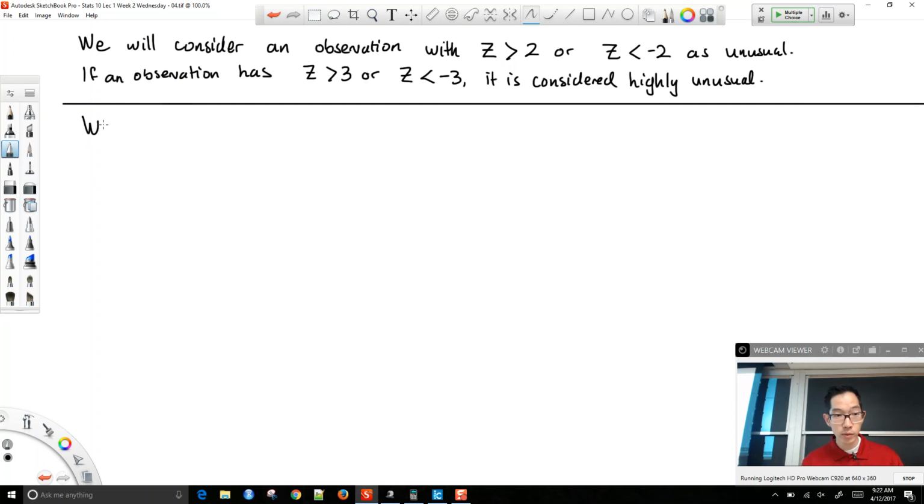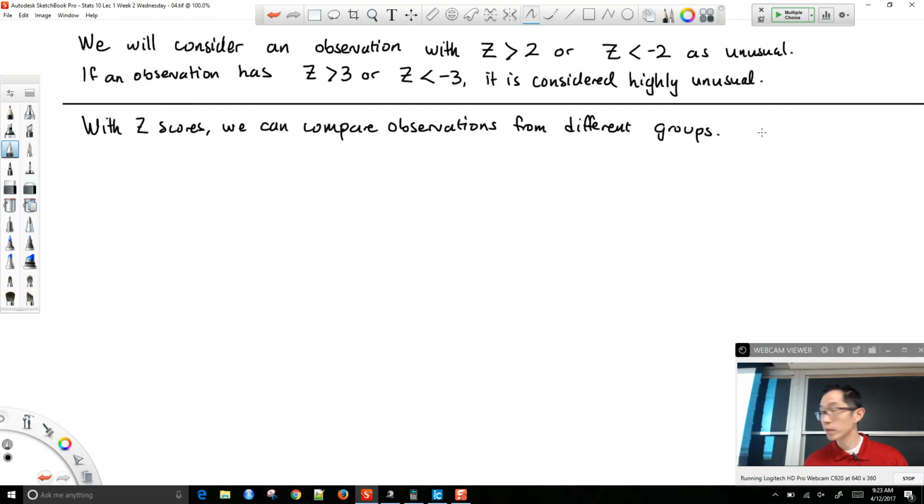So I can say with z-scores, we can compare, okay, so I like to say this is where now we can compare apples to oranges if we have z-scores. And so, for example, we could ask which observation, which of these is more unusual?